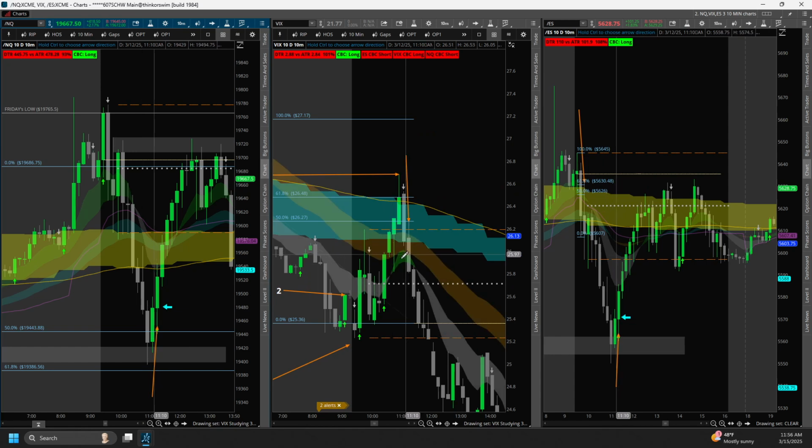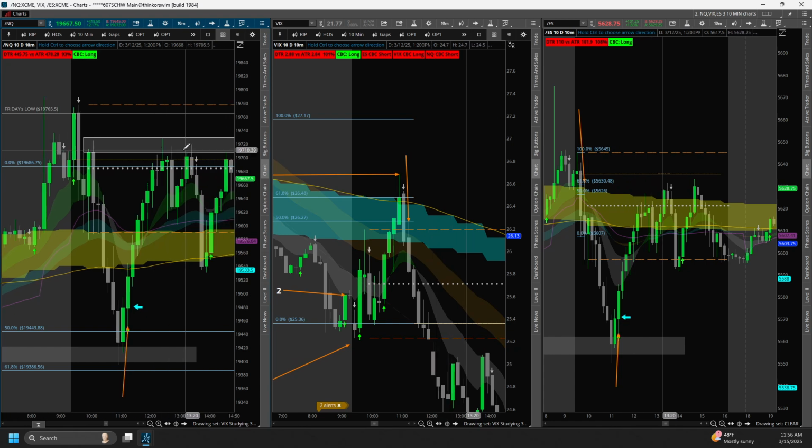You see how the 10-minute 9 and 20 had just flipped, but they don't hold the flip, and now we're back down underneath it. That's going to tell me we had a failed trend change, and we're going to have this continue downward. As this continues downward, there's no reason to think about stopping out of this trade, but your final objective target should have been breaking over this lower high.